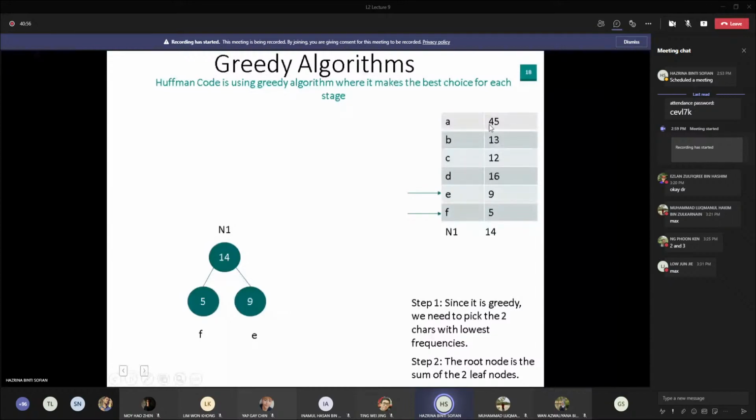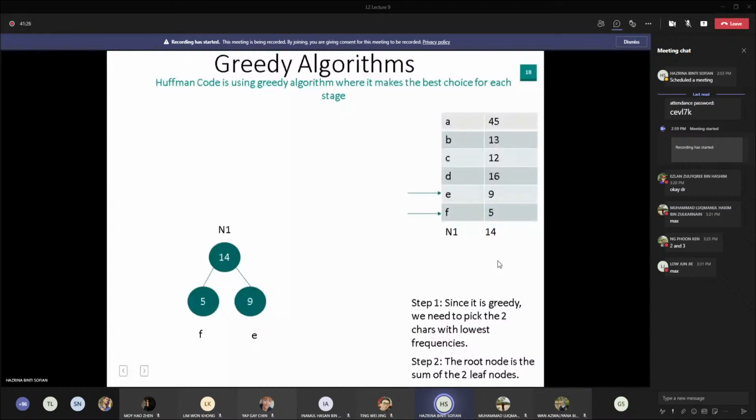So currently, N1 will be the feasible solution. Remember, just like your group project, we have several feasible solutions. Like for customer 1, they have 5 feasible solutions.